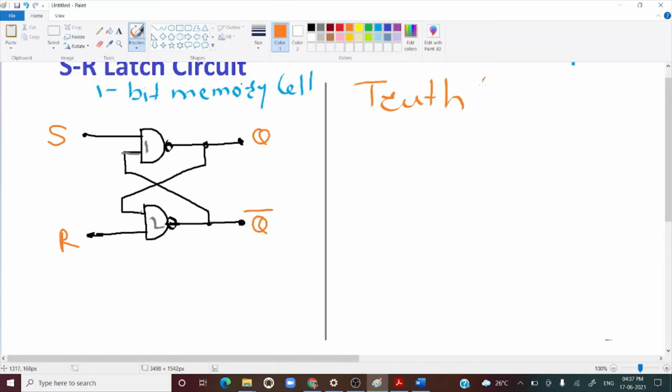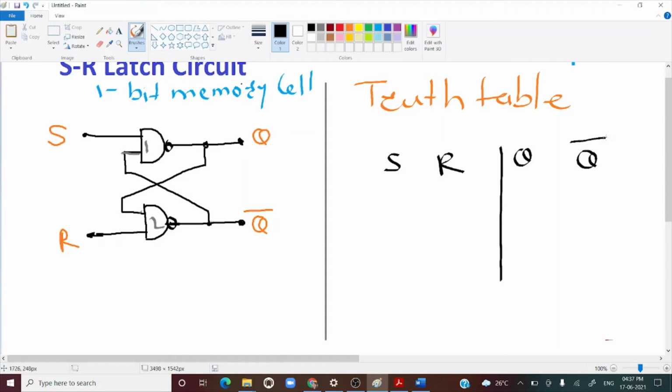We will write a truth table, which is also called a function table. The inputs are S, R, and the outputs are Q, Q bar.